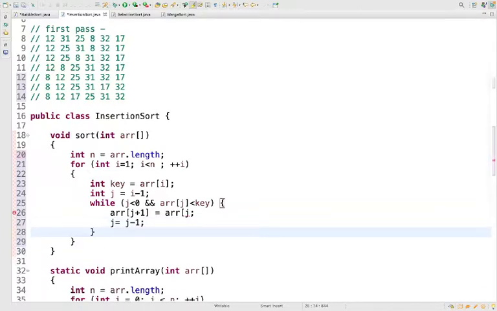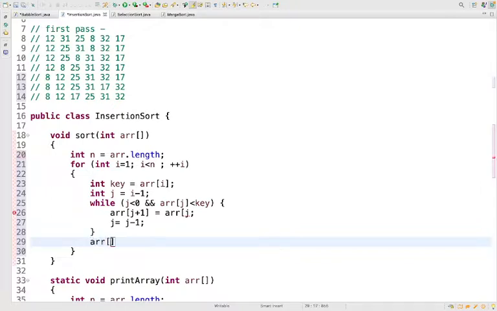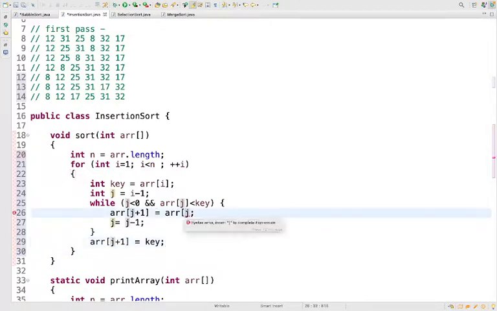And then I will write arr[j plus 1] equal to key. Okay, so let me go back to what is happening here. Every loop we will start by assigning the key. So we will take 12 as one of the things.